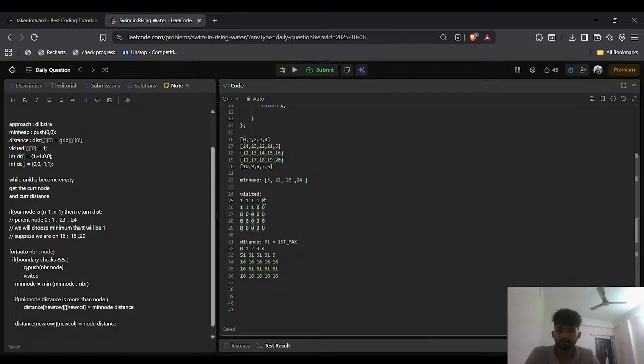When we push, this will be visited, this will be visited, 5, 16, this will mark 5, 15, 16. All nodes will be visited at the end.